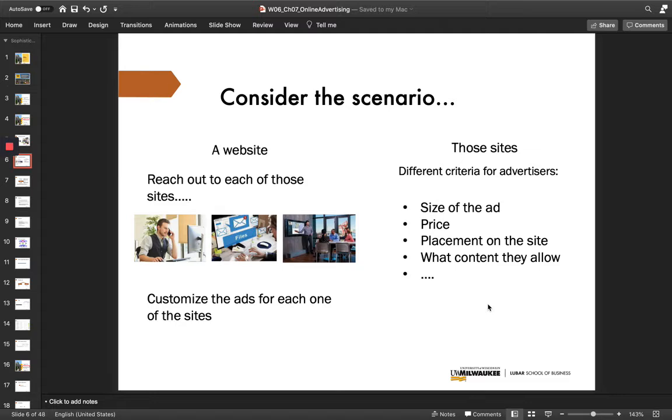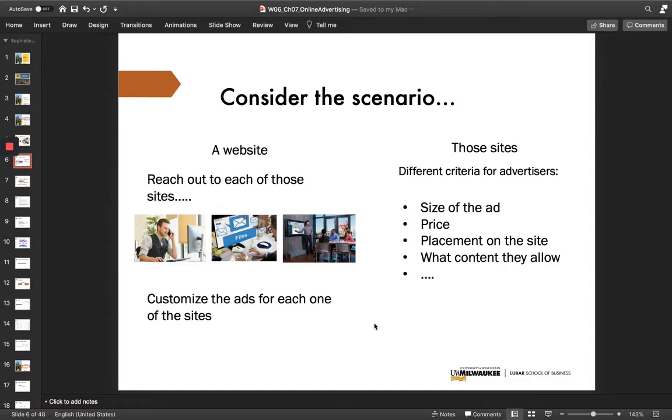The advertisement offerer who creates the advertisement should focus on how to reach out to each of the outside websites and choose one or several platforms to display the advertisement out of hundreds of thousands of websites.